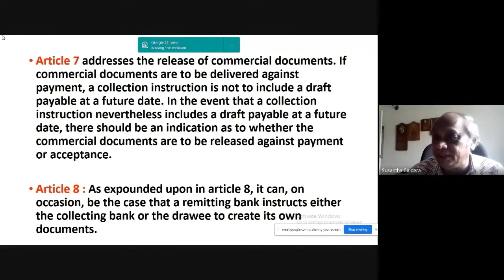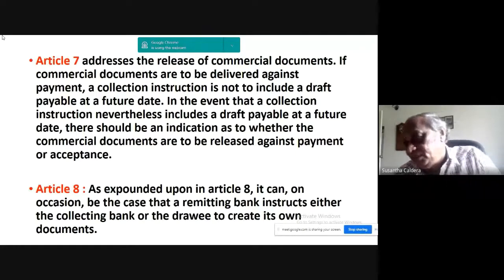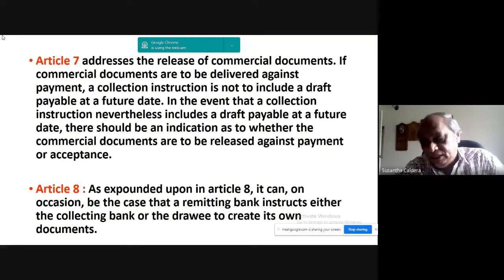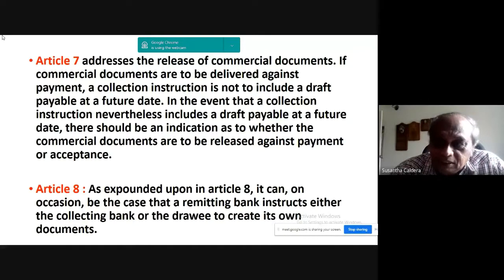Luckily, my boss, who was a foreigner, a Britisher, supported me when I explained to him about Article 26 and all.